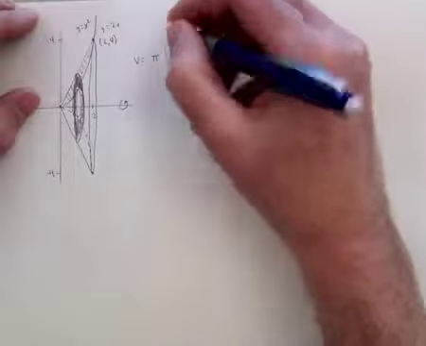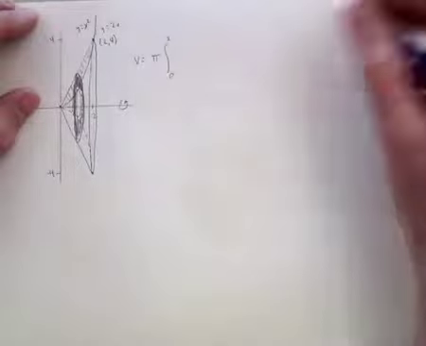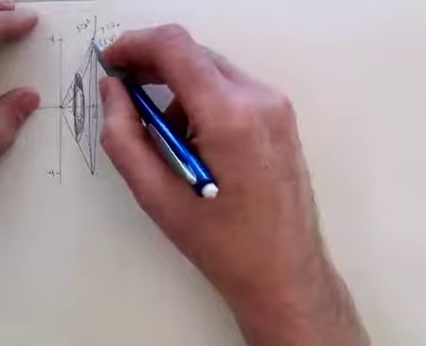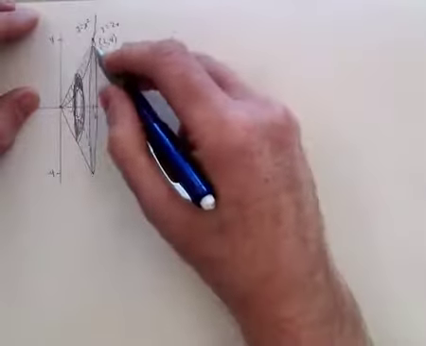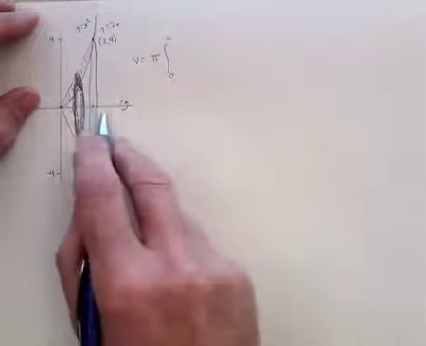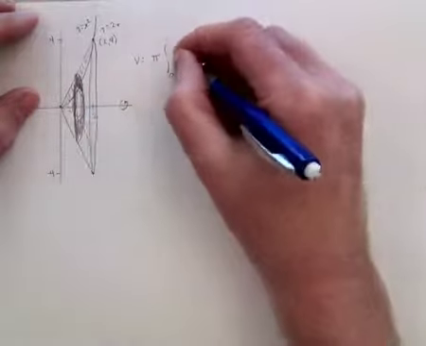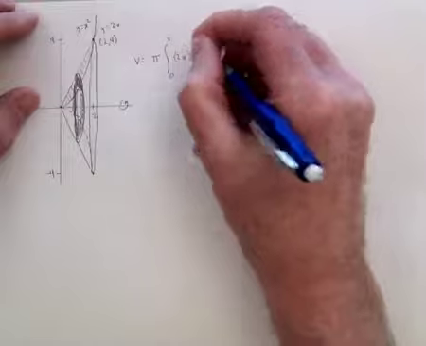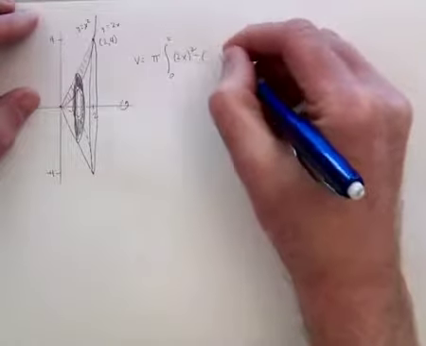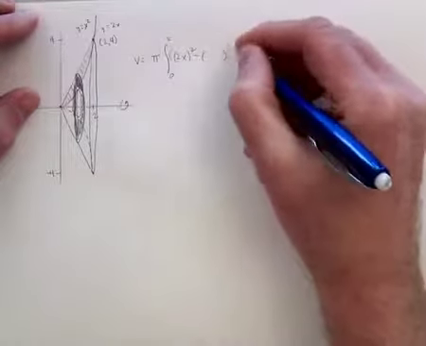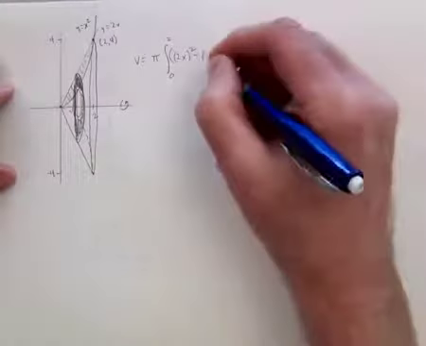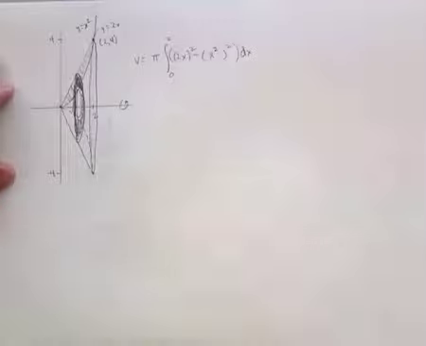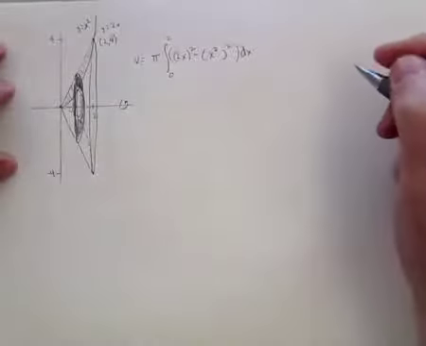From 0 to 2, those will be the limits of our integral, and then it's going to be pi times the outer radius squared, and the outer radius in this case, the curve farthest from the axis of rotation, is y equals 2x, minus the inner radius squared, and in this case the inner radius is y equals x squared, because again it's closer to the axis of rotation. And so here is our integral.